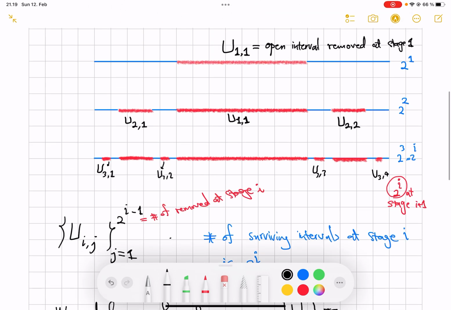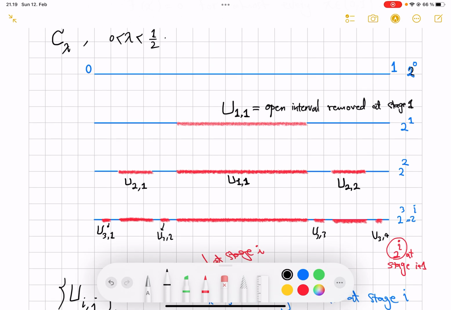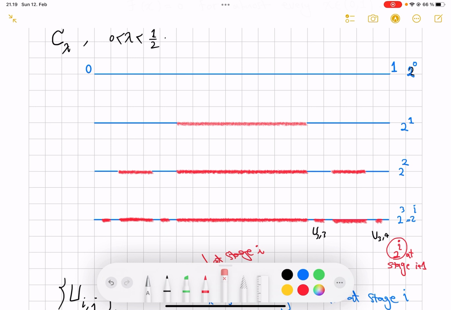Let's look at the picture again. Notice that any point that is not in the Cantor set is exactly in one of these intervals and never in two of them. There's no nestedness to them. So you construct the function f in stages. So in stage 1, let's remove all these potentially confusing overlaps.